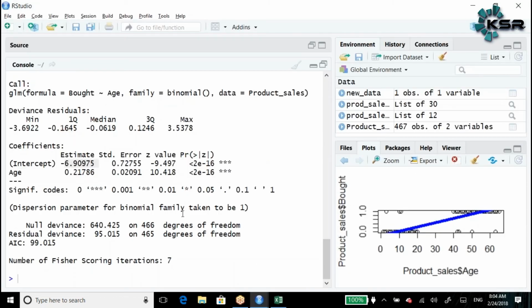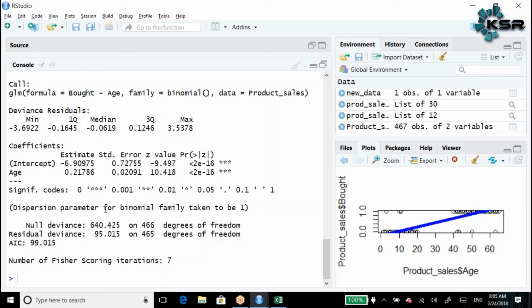And here significant codes, which you already know, and the dispersion parameter. See, we are building the model, we are building the probability. Here we have two cases, yes or no. In our case our dependent variable is bot. That means we have 0 and 1, where 1 means buying the product, 0 means not buying the product.